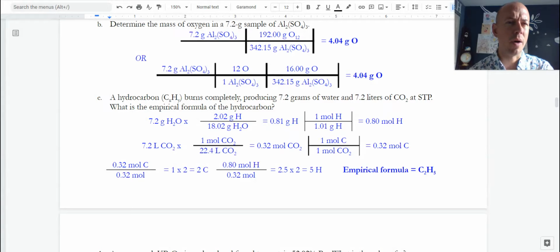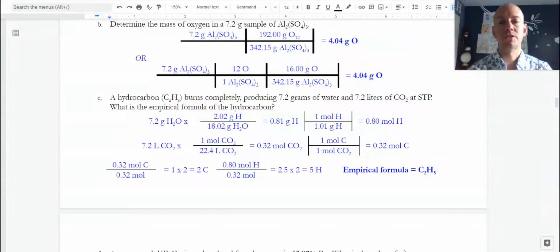So I've found a way, using those empirical formula skills. If I need to know my grams of an element, how many grams of hydrogen are in this? I've got that, and then grams to moles. Now, how many moles of CO2? Because this is in liters, I may not want to go to grams, but I want to go to moles.